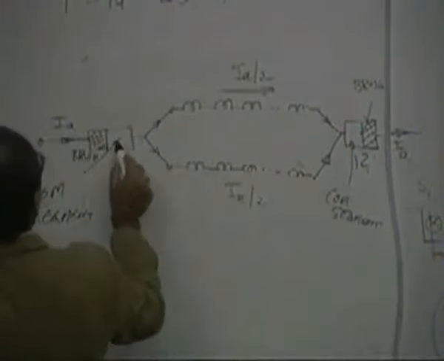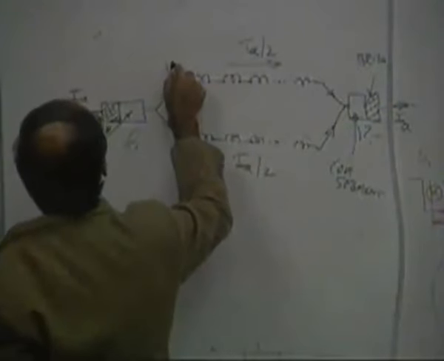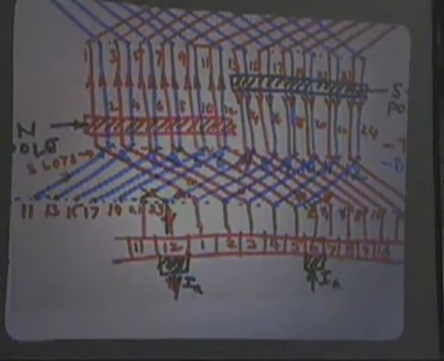Which means that at commutator 6, when it enters, it is going one side to coil side 11 and another side to coil side 2.